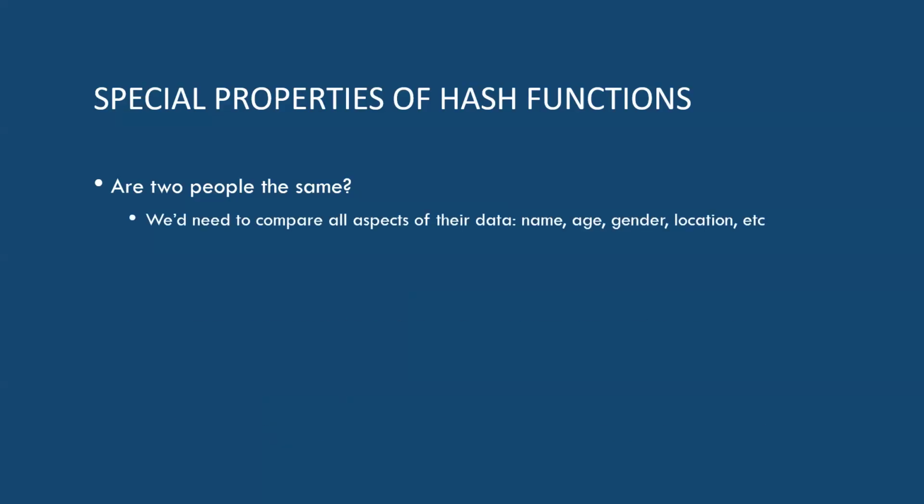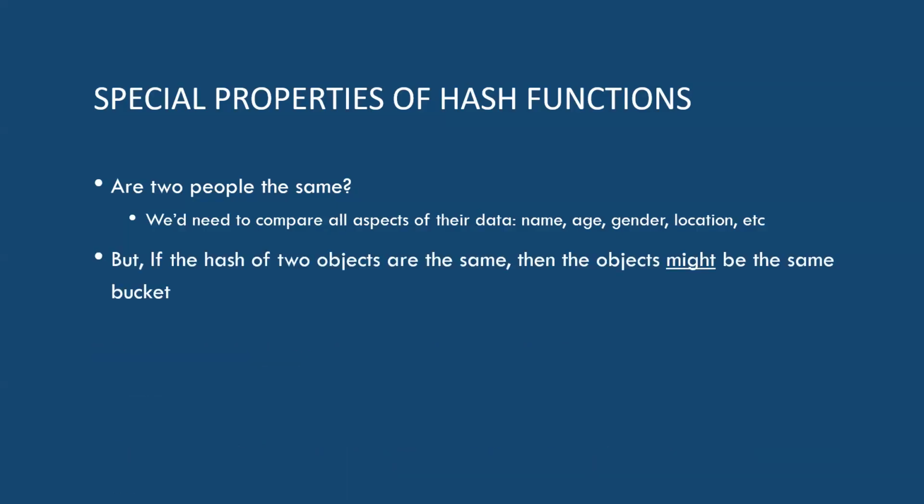Rather than comparing all of the aspects of both of these to see if they're identical, a quick way to tell if they're not identical is just to compare the hashing of their keys. However that particular database stores them, if you compare the hash of their respective keys and they don't line up, then you're pretty sure that they're not the same person, right? It's a relatively basic way to do it, okay?